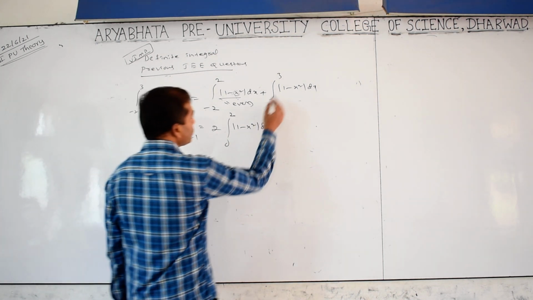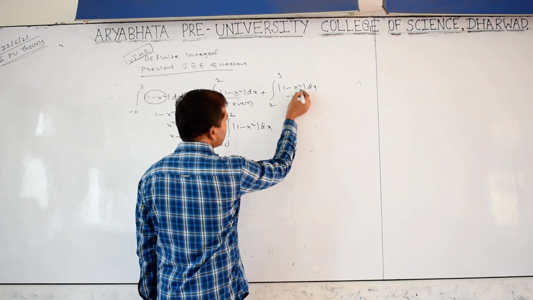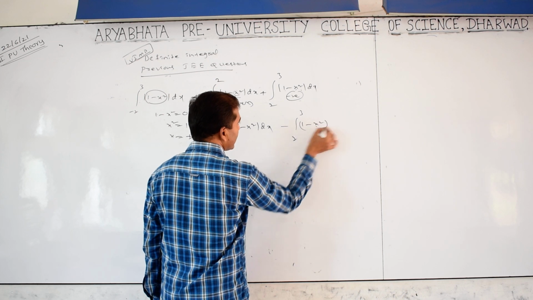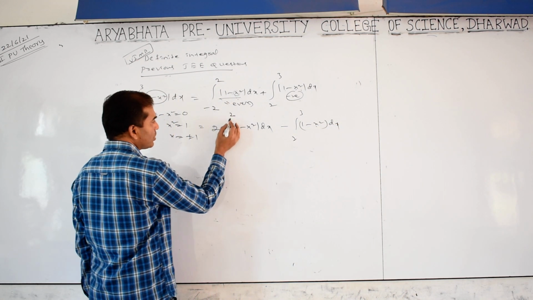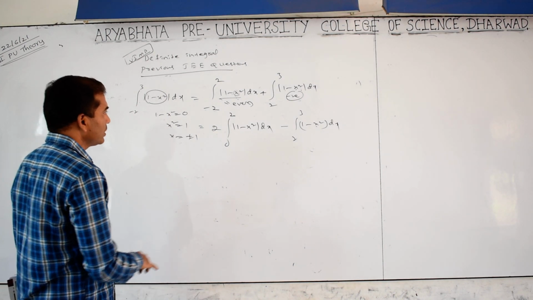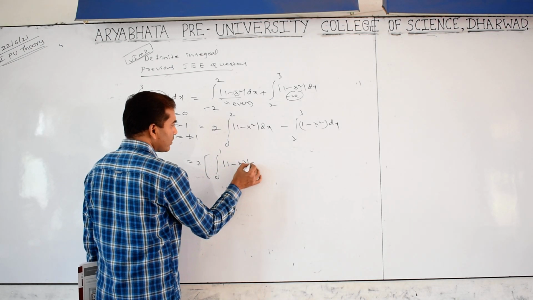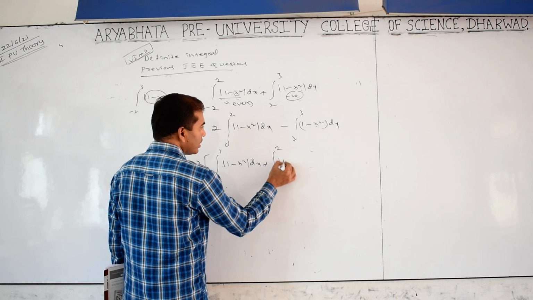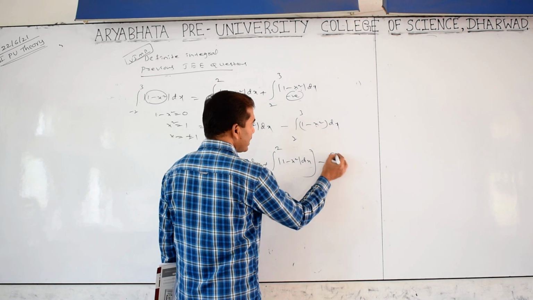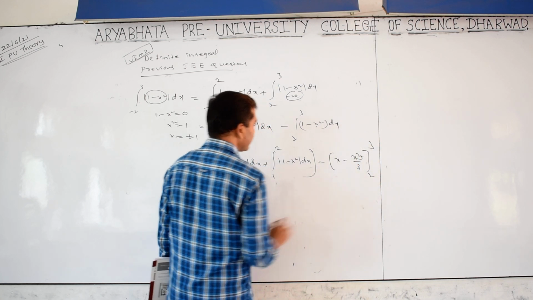Understood? Here 2 to 3, this is negative, 2 to 3, 2.1 is more than this, so negative comes. So minus 2 to 3 of 1 minus x square dx. In this 0 to 2 there are positive and negative parts, 0 to 1 and 1 to 2 also there. So 2 into integration of 0 to 1 of 1 minus x square dx plus 1 to 2 mod of 1 minus x square dx minus integration from 2 to 3 of 1 minus x square, which is x minus x cube by 3.